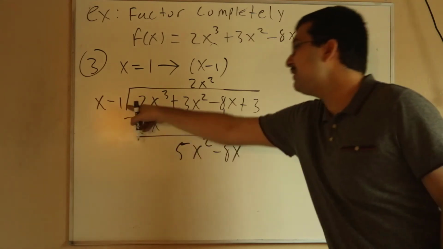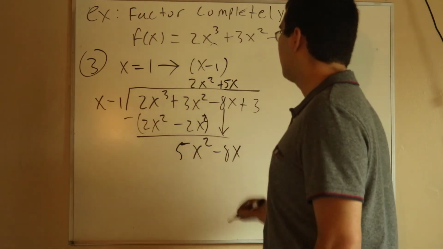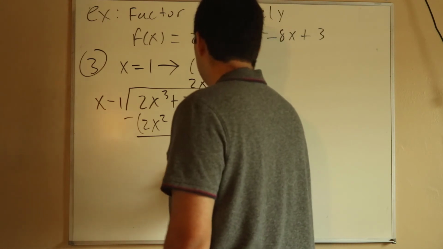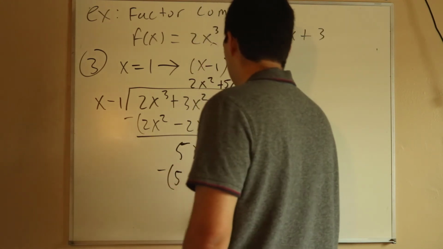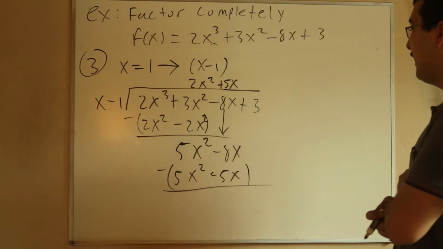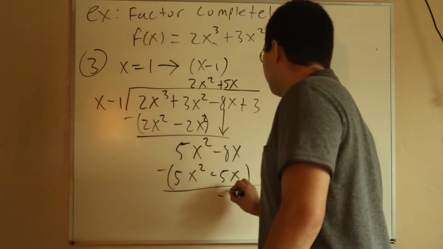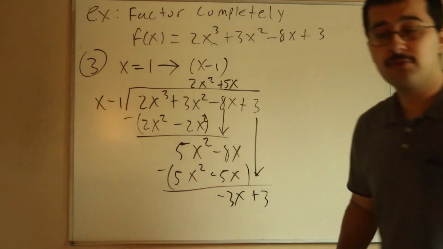I want to match these values now, so I need to multiply by positive 5x. So I'm going to get 5x squared minus 5x. Do my subtraction again, remembering to distribute my negative. So I'm going to get minus 3x. Bring down the next value, get positive 3.